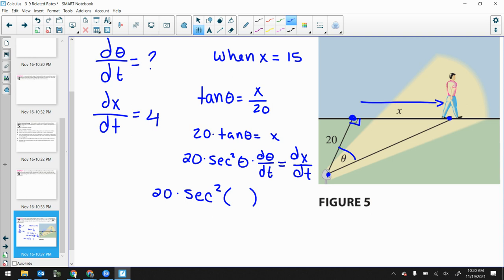I have to have theta. Right? Hold on a second. Yeah, I have to have theta. I have to know what theta is. Now, the nice thing is I can calculate what theta is going to be when x is 15. When x is 15.